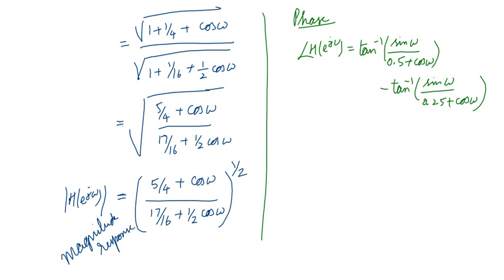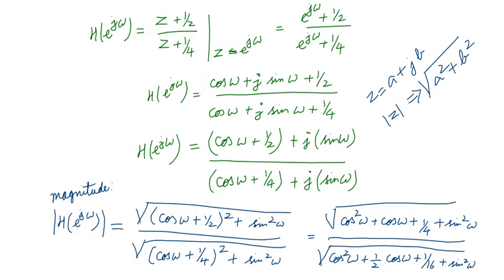Then what about the phase angle? The phase angle phi is equal to tan inverse of b by a, that is, the angle of z equals tan inverse of imaginary part divided by real part.